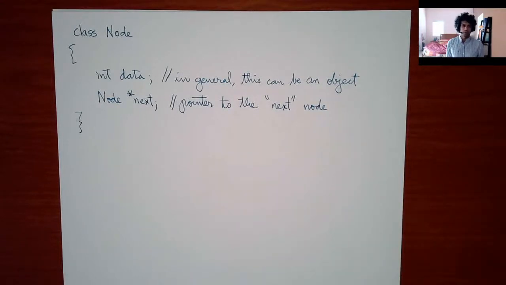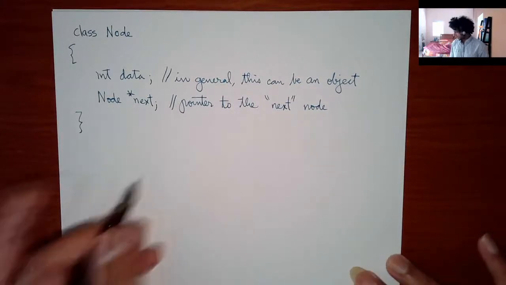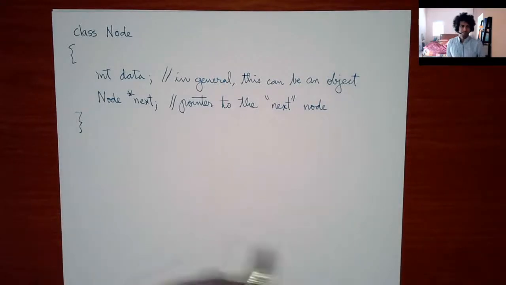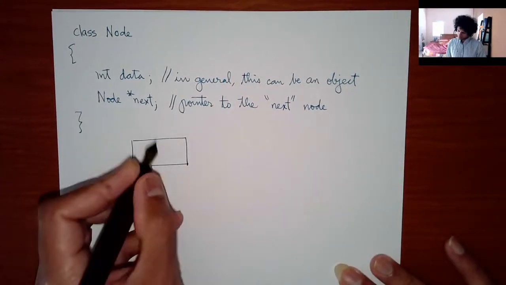If you're going to do it entirely in C, then you write struct. I'm going to write class. Don't worry about my specific syntax. The important thing is to understand what this object is. And I see something in the comments: I'm basically writing C++-ish pseudocode. The way I'm going to draw my node is it has two parts.